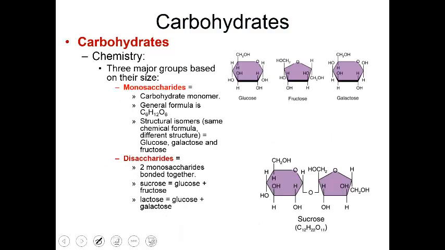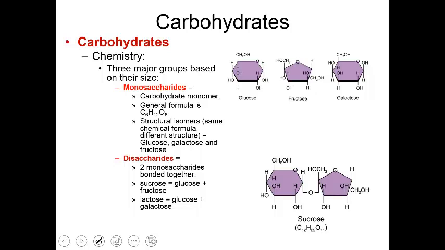Now, carbohydrates based on size can be categorized into monosaccharides, disaccharides, or polysaccharides. Now, monosaccharides are the monomers of carbohydrates, meaning that they are the building blocks for bigger carbohydrates.